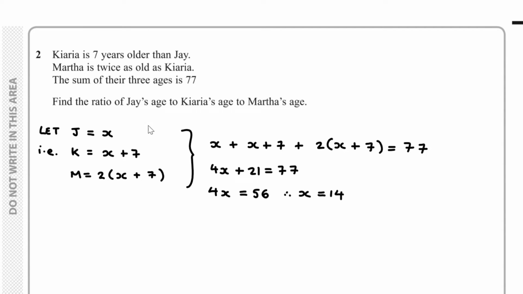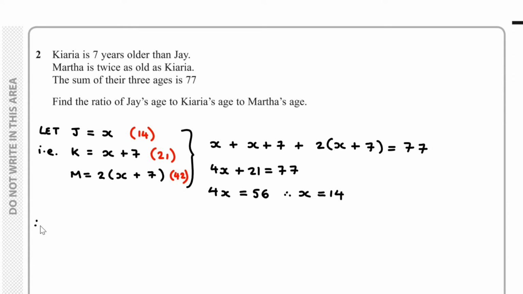So J's age is 14, k's age is 14 plus 7, which is 21, and m's age is twice of 21, which is 42. And now we can find out the ratio between their ages.